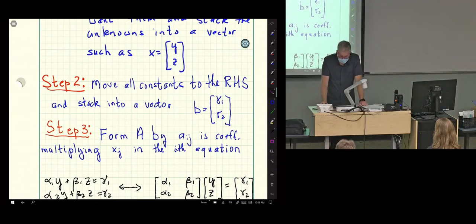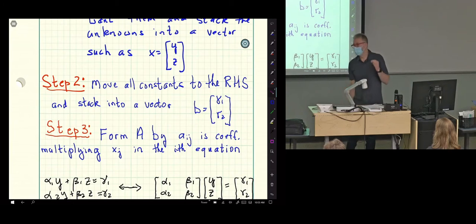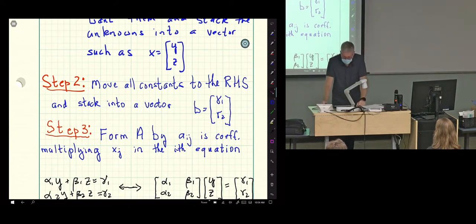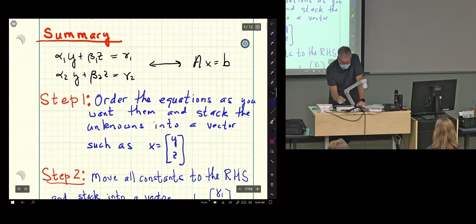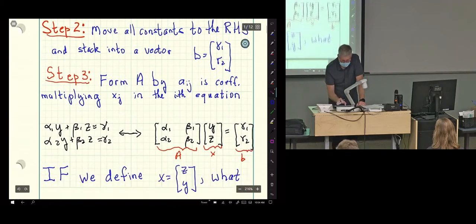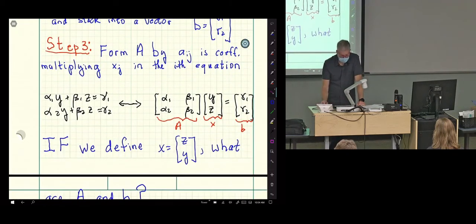And then we get A by, let's remember the A sub ij notation for a matrix. The i is the row number, and the j is the column number. So the i is the number of the equation, because the equations are in rows, okay? And the j is the column number. And so if we look at this equation, A11 is the coefficient multiplying the first variable in the first row.